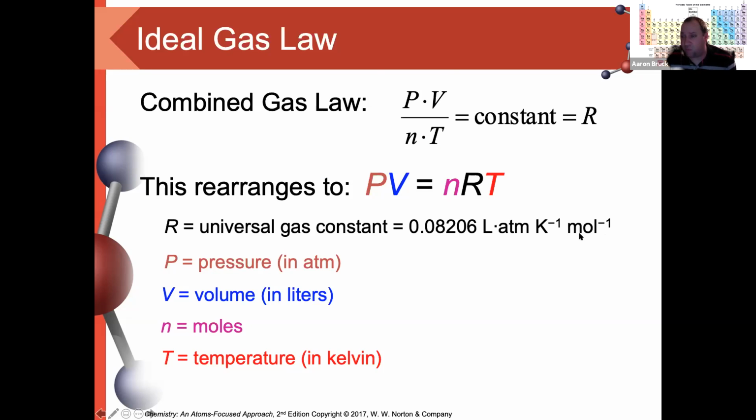Now, if that sounds familiar, we use the same universal gas constant for osmotic pressure yesterday. It should be noted that there is another version of this that we can use, involving millimeters of mercury or torr.